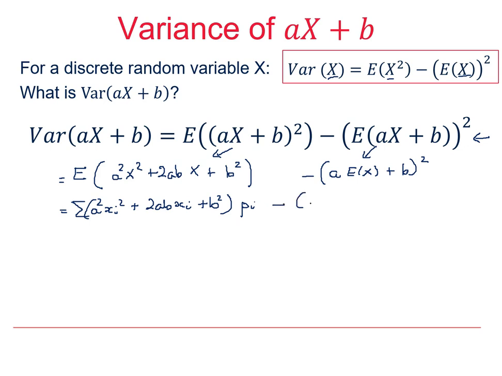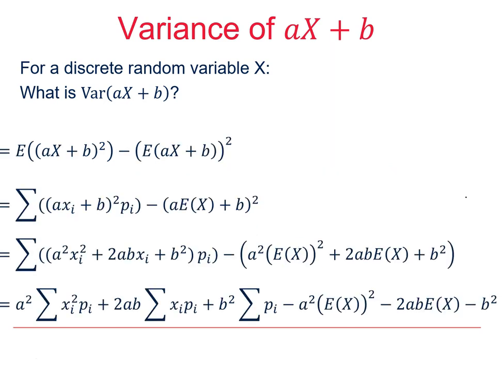Then we have minus a squared E of x all squared plus 2ab E of x plus b squared. On the next page you can see that written out more clearly, and we clearly have a minus in front of it, so these three terms are all negative.